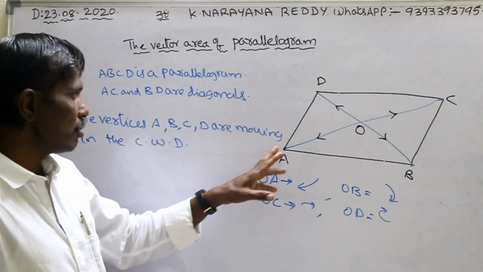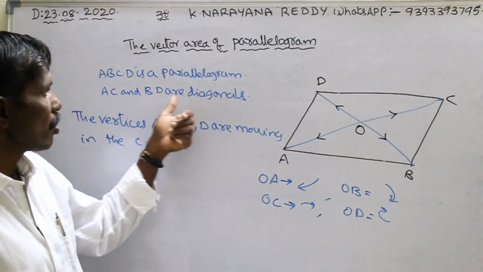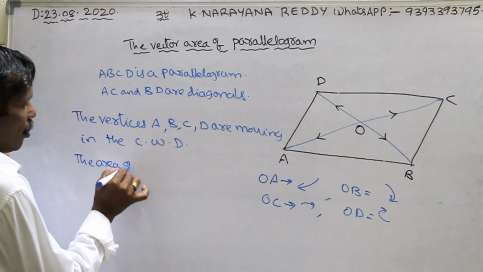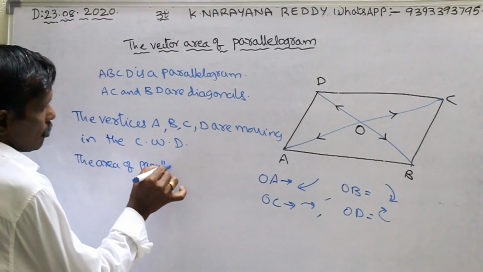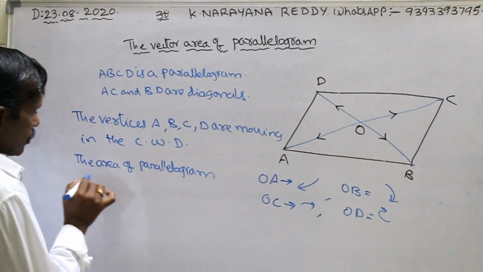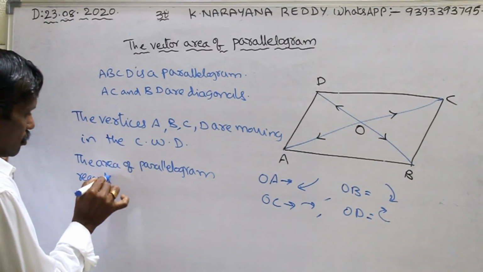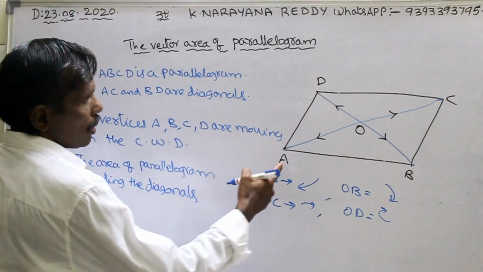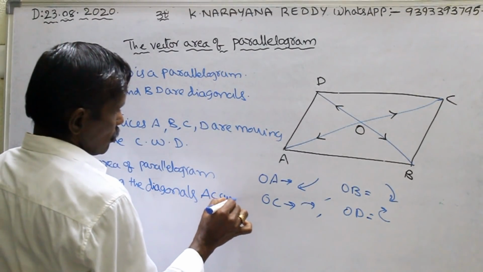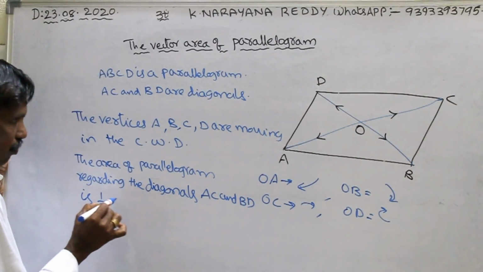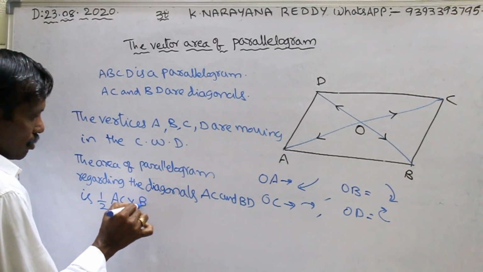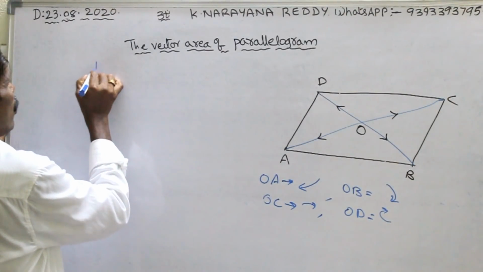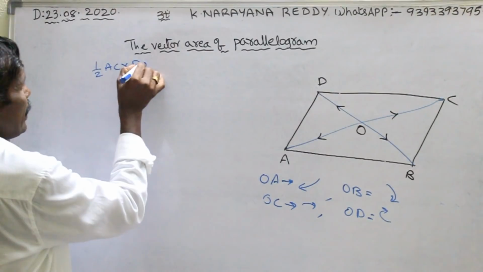Regarding diagonals, what are the diagonals now? AC and BD. The area of the parallelogram regarding the diagonals AC and BD is half of AC cross BD.